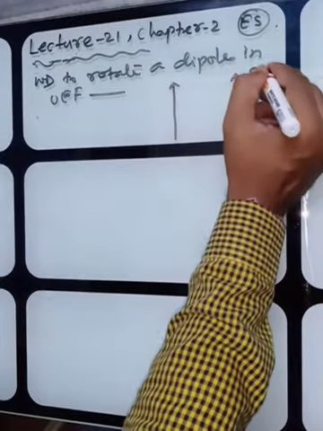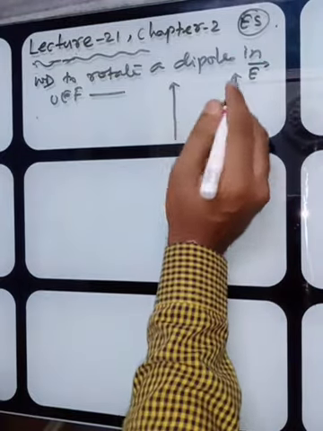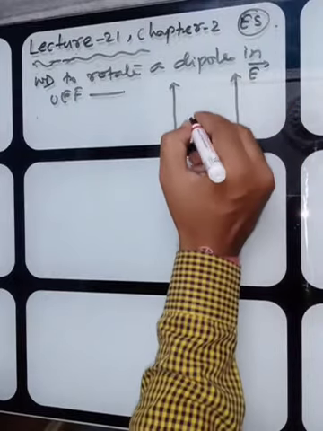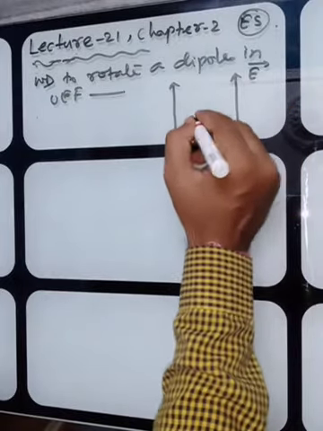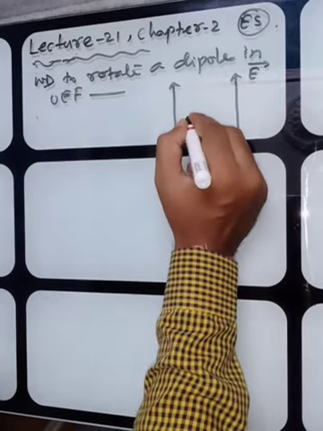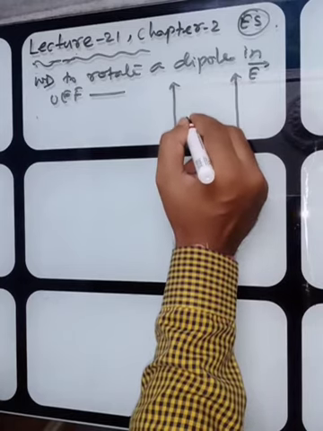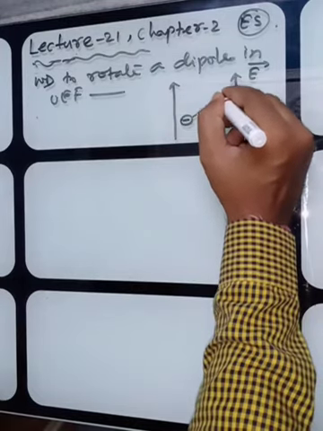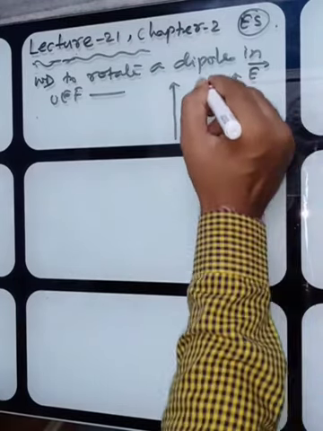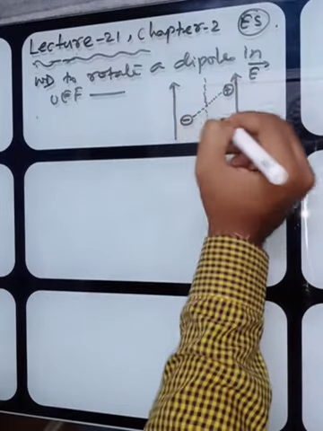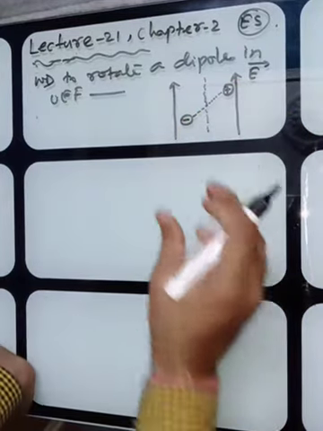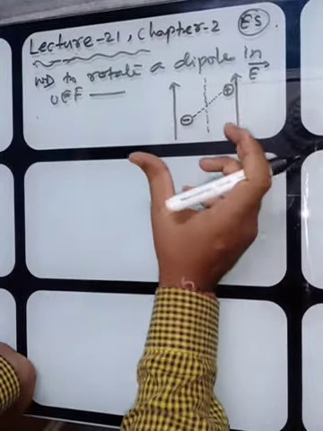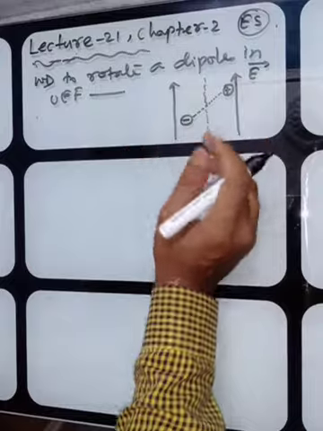This is the electric field and you have placed a dipole. Suppose this is the minus charge and this is the plus charge, and you have to rotate this dipole by a very small angle. Then how much work do you have to do to rotate this dipole?